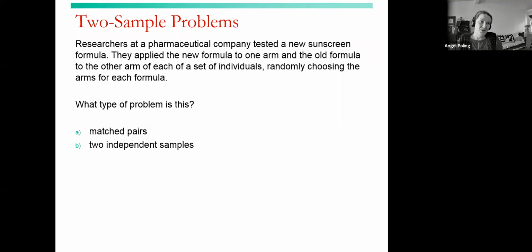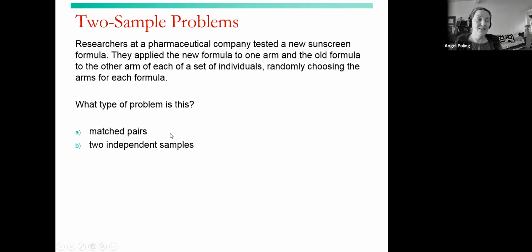If you drive in America, your left arm is getting toasted all the time, maybe, because that's the one exposed to the window. So they want to randomize which formula gets put on which arm.